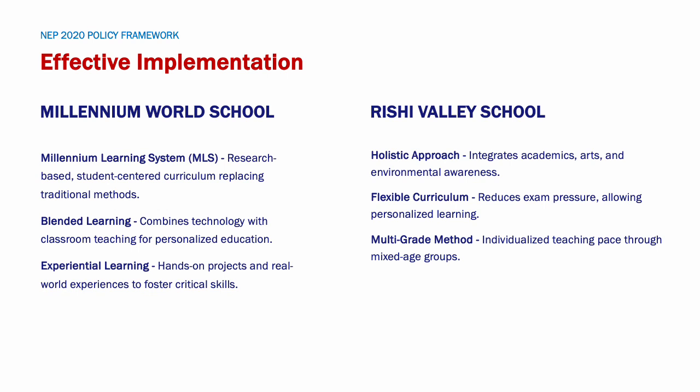Experiential learning with hands-on approach and real-world experiences to foster critical skills. Another school, Rishi Valley School, follows a holistic approach, integrating academics, arts, and environmental awareness. Flexible curriculum, reducing exam pressure, allowing personalized learning, and a multi-grade method with individualized teaching pace through mixed age groups.